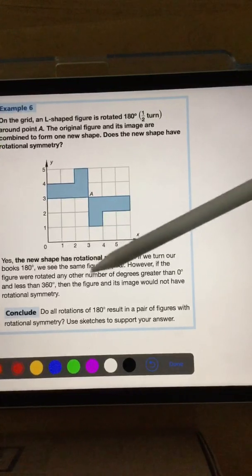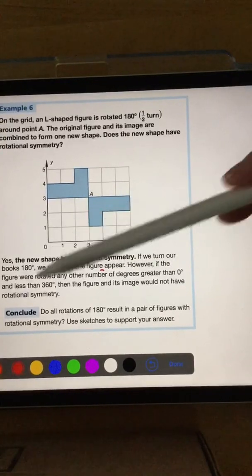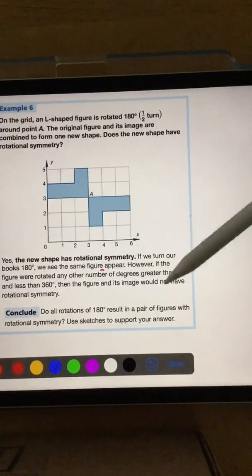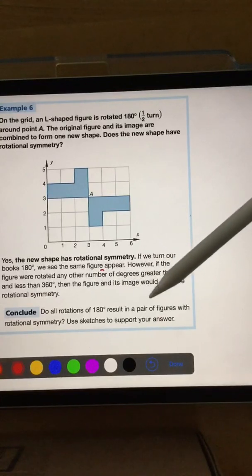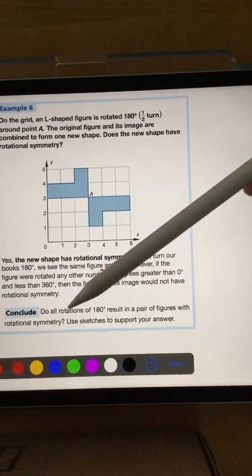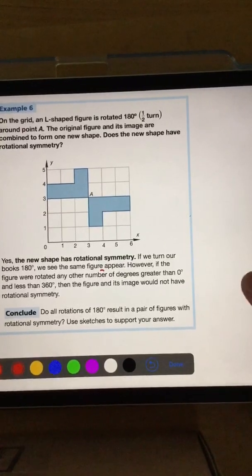However, if the figures were rotated any other number of degrees greater than 0 and less than 360, then the figure and its image would not have rotational symmetry. So do all rotations of 180 degrees result in a pair of figures with rotational symmetry? Yes, they do.